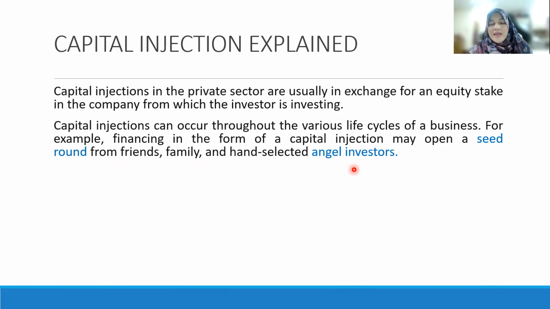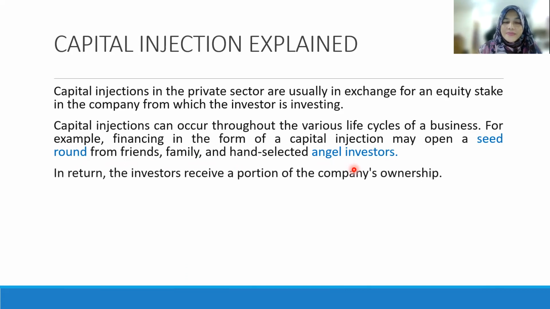An angel investor is somebody that you don't know, but they are willing to help your business start. They are not friends, they are not family, but they are somebody with extra money who is willing to help the startup company. So they are known as angel investors.